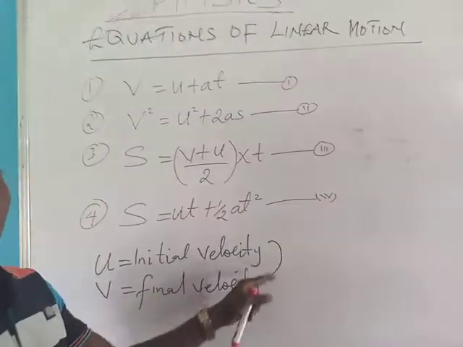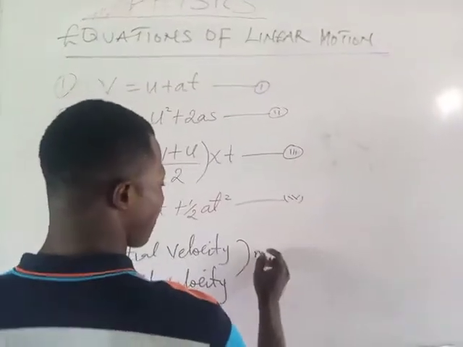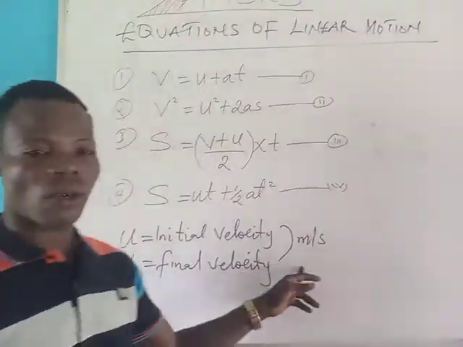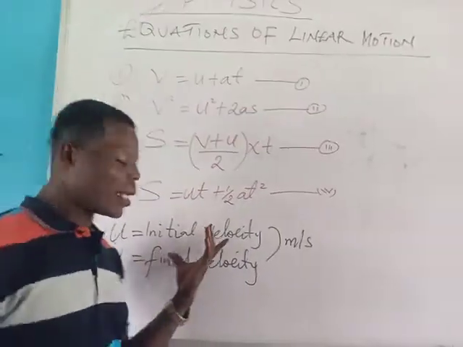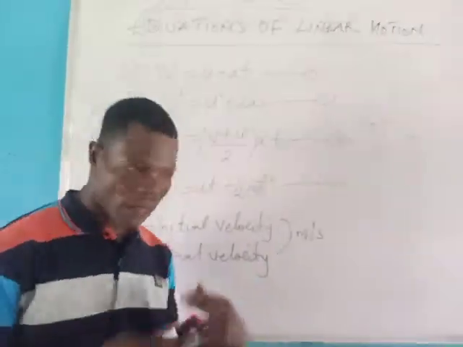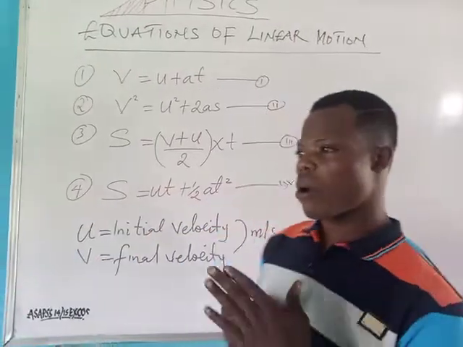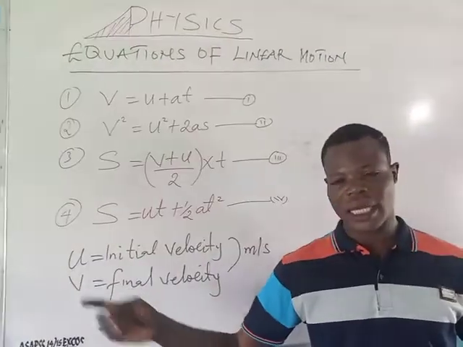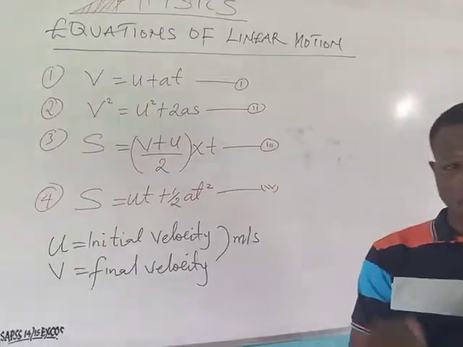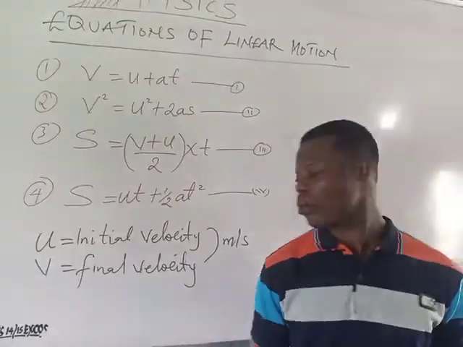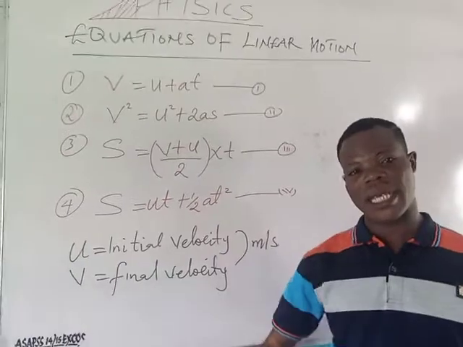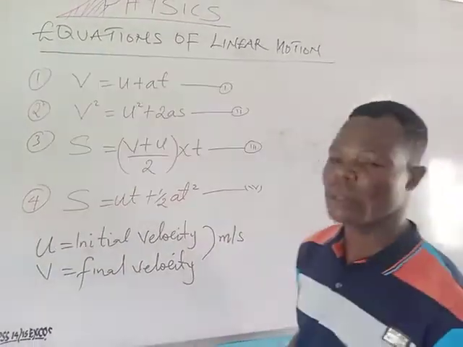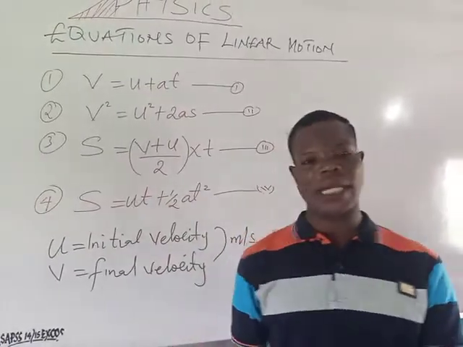These two are measured in meter per second. That is the standard unit of velocity. Initial velocity is the speed which that object used to start the motion, while V is the speed that the object used to stop that motion.